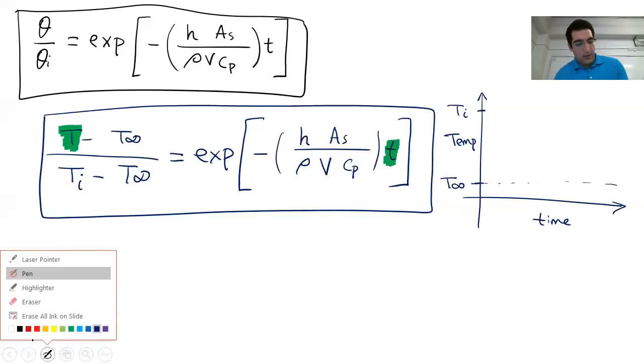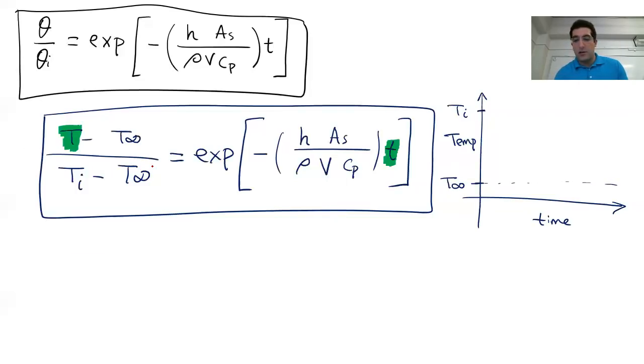So by having this equation, by substituting time, 10 seconds, 20 seconds, 30 seconds, 1 hour, whatever, in seconds, of course, you can find the temperature at any time, and you can go ahead and plot the temperature distribution of the object using this equation.